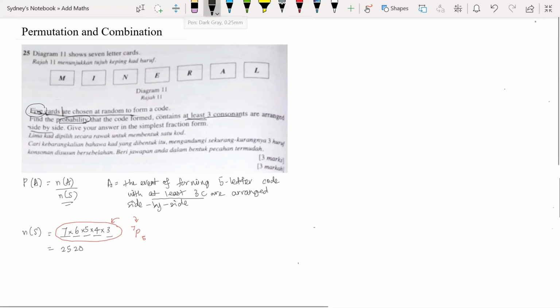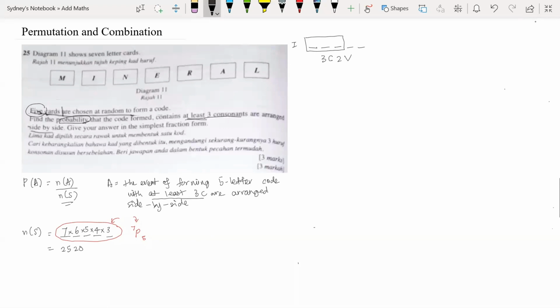Next, let's look at how many possible ways we can form the 5-letter codes with at least 3 consonants. At least 3 consonants means a minimum of 3 C and 2 vowels, whereby these 3 consonants have to be side by side. This is the first case scenario.